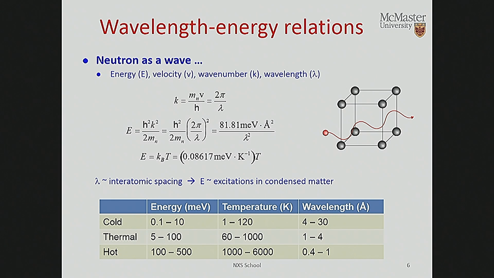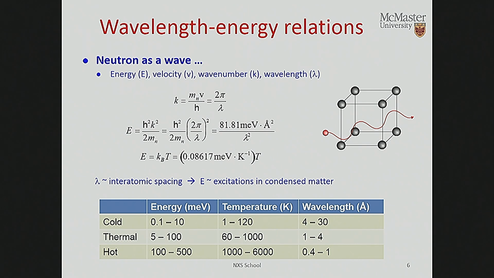So if the neutron transfers 1 millielectron volt in energy to your sample, and that's the sort of thing we're going to be talking about when we're talking about inelastic neutron scattering, we're talking about the neutron scattering off your sample and transferring some energy and some momentum to the sample. Okay? And so if it transfers 1 millielectron volt in energy, that equivalent energy in temperature is about 11 Kelvin. And that's worthwhile keeping track of.